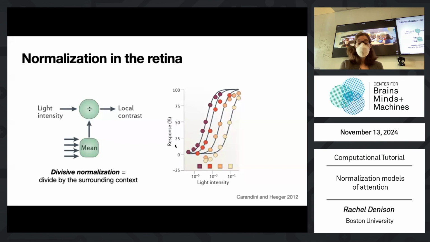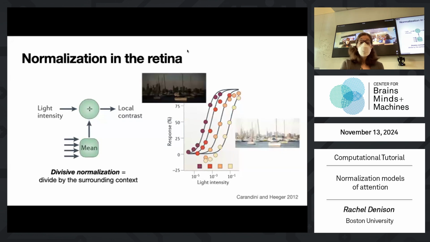As light intensity increases, they go up. And these different lines with the different colored bars are situations where the mean light intensity of the image is either very high, like in this morning boat scenario, or very low, like in this evening boat scenario.